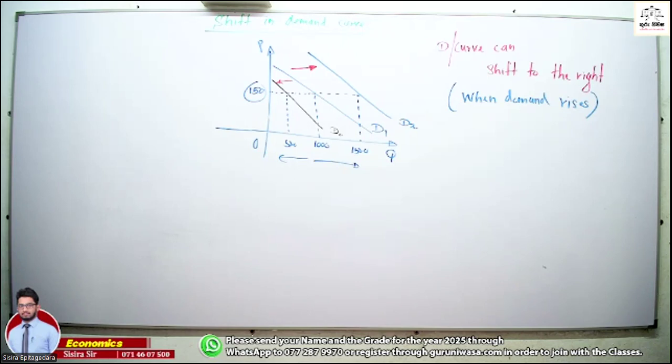The demand curve can shift to either the left side or the right side. When the demand curve shifts to the right side, what does it mean? Increase in demand or decrease in demand? Increase. When the demand curve shifts to the left side, it is a decrease in demand.